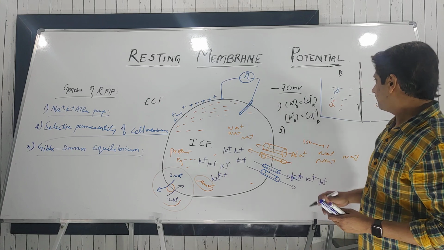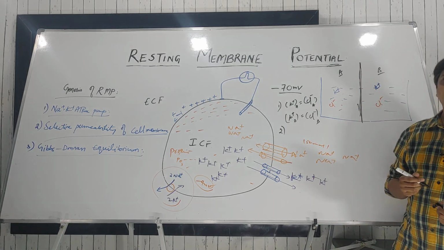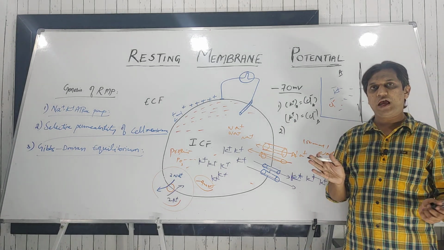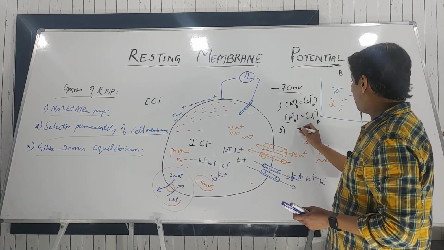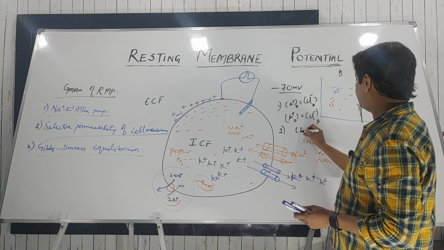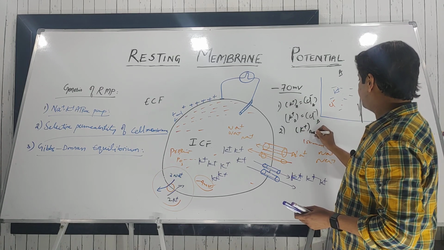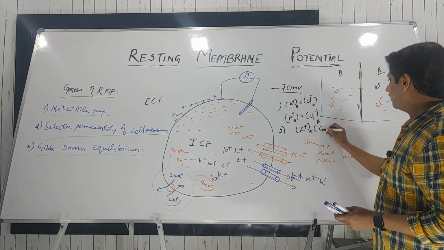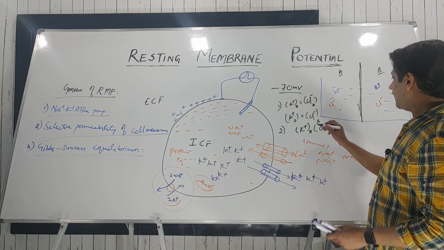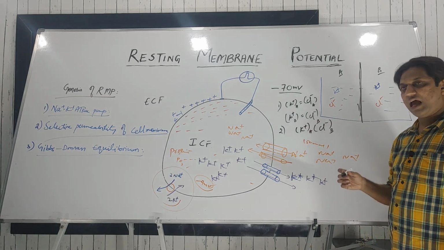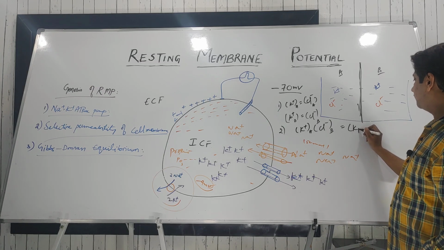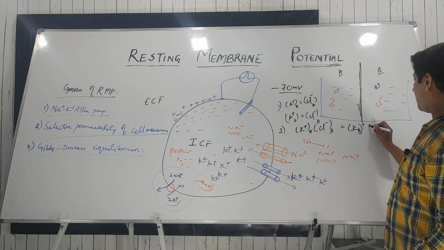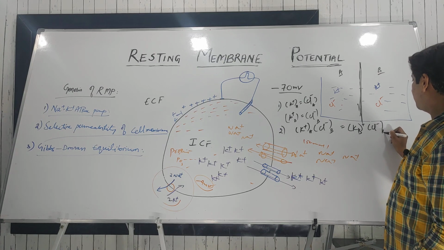Second point, what does it say? These are diffusible cations and anions, diffusible ions. For these diffusible ions, the product of the cations and anions on one side will be equal to the product of the cations and anions on the other side of the cell membrane.